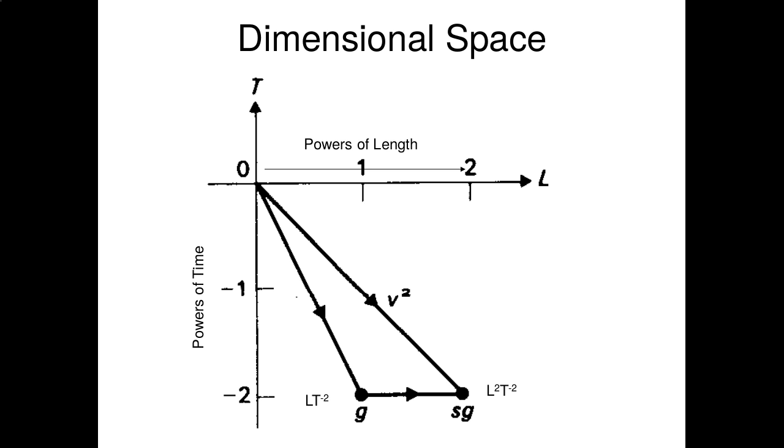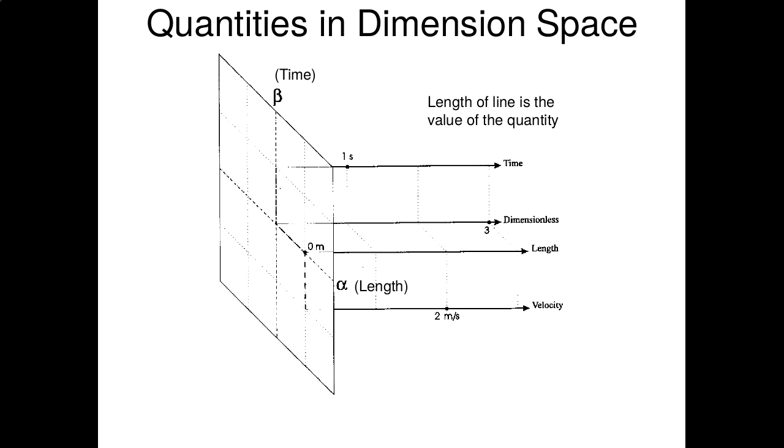Okay? Length to the first power here, and time to the minus 2 power there. So something like gravitational constant g might be expressed in that. We could express other quantities accordingly. So this is length squared per unit time squared. Okay?